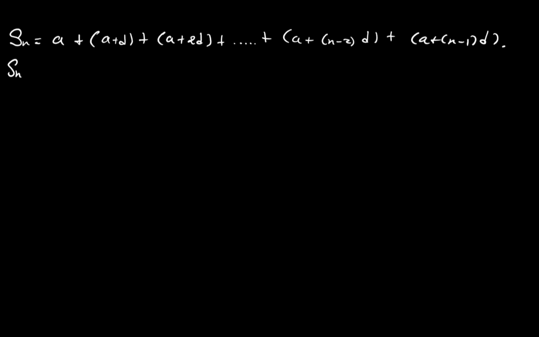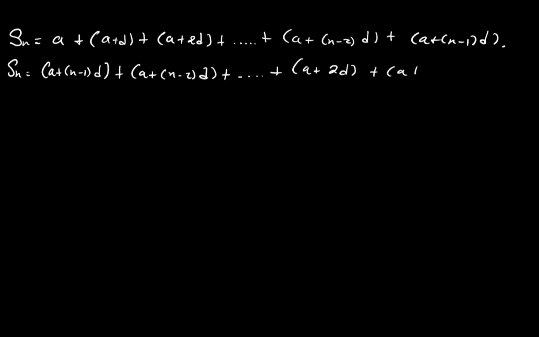So we have S sub n in descending order: a plus (n minus 1)d, plus a plus (n minus 2)d, plus ... plus a plus 2d, plus a plus d, plus a.